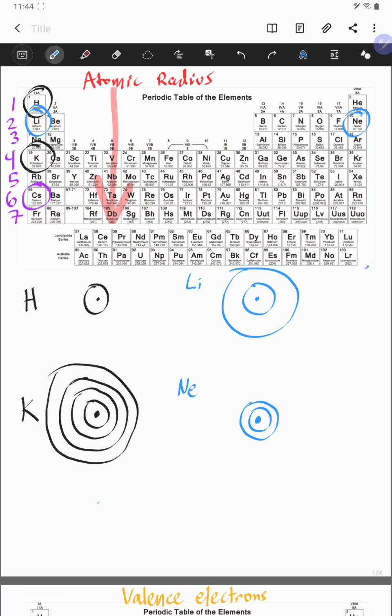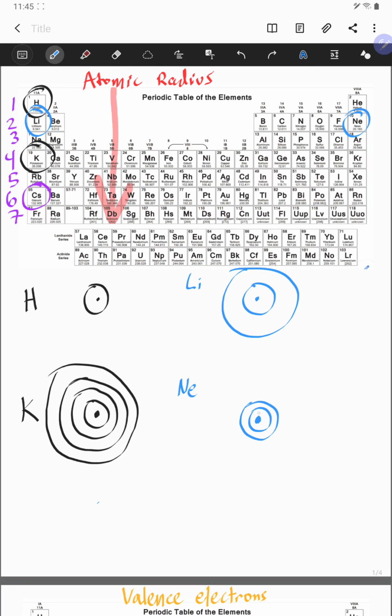So think about it, we know that protons and electrons attract one another. They're oppositely charged, so they attract. And if I have more protons, that means I can create a stronger attraction. So a stronger pull on those electrons to pull them in closer.